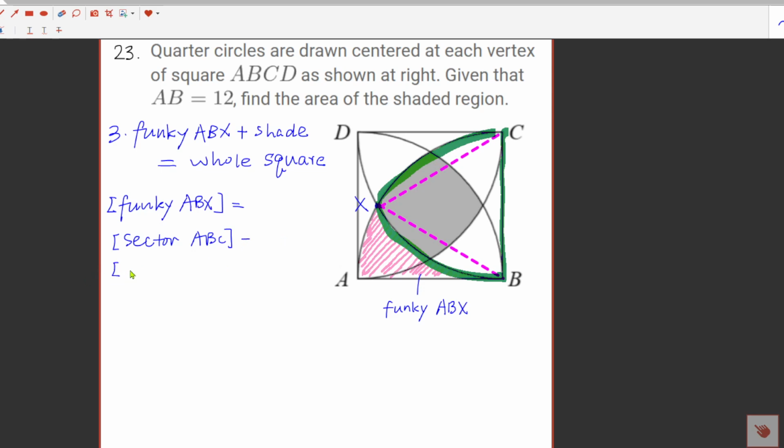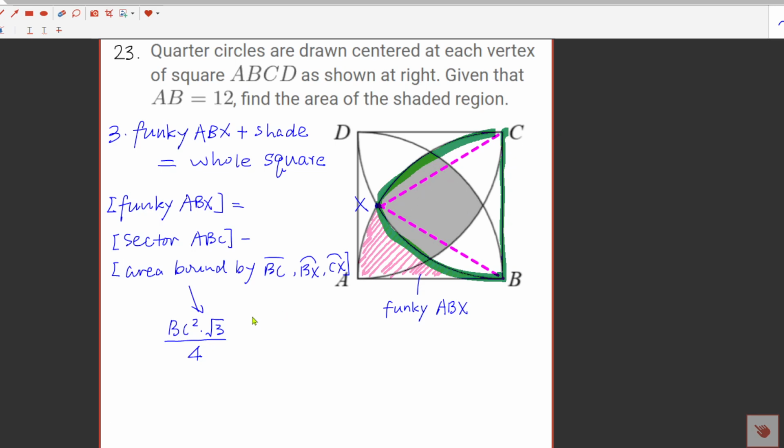The area bounded by BC, arc BX, and arc CX. And this area can be calculated by BC squared times square root 3 over 4. That's the area of an equilateral triangle, right? Can you follow me?